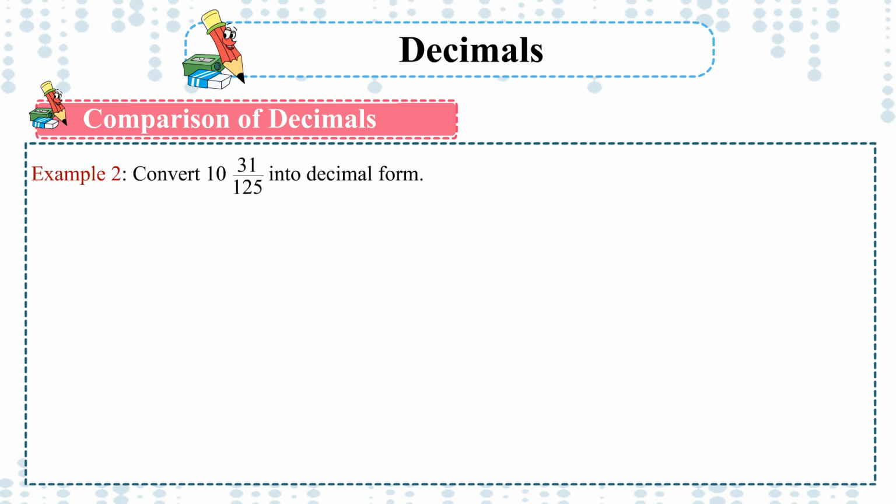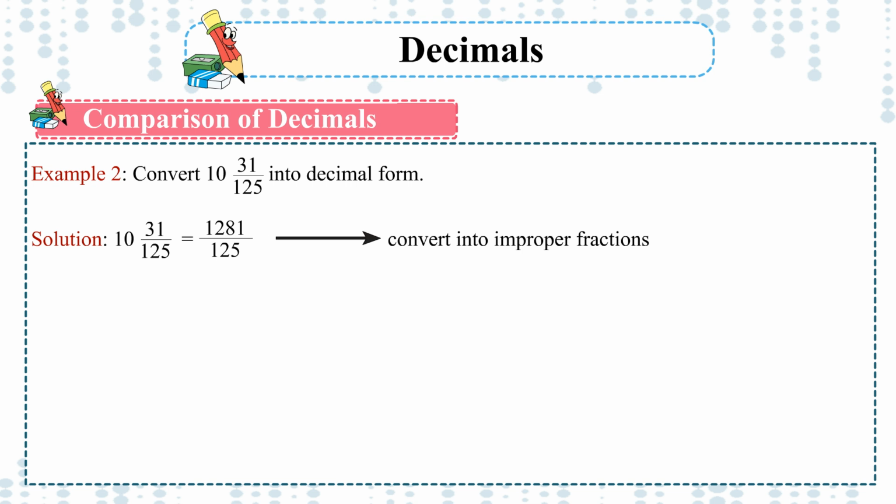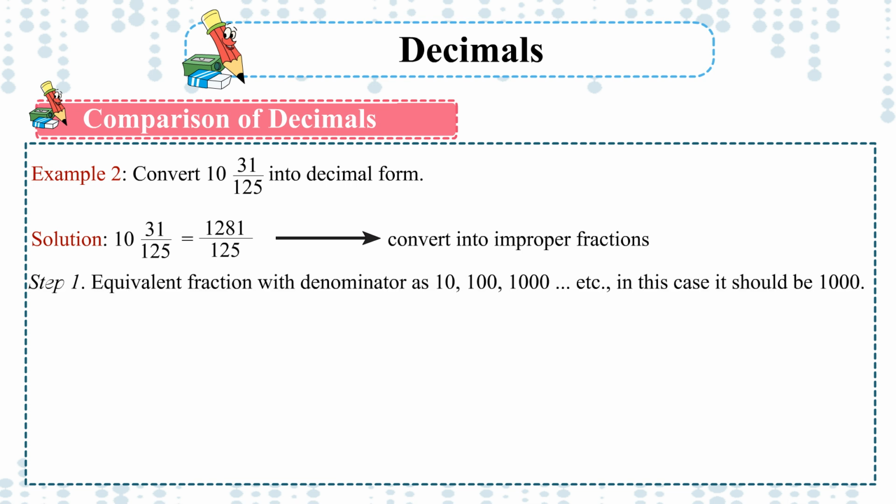Example 2. Convert 10 31 upon 125 into decimal form. Solution. 10 31 upon 125 is equal to 1281 upon 125. Convert into improper fraction. Step 1.